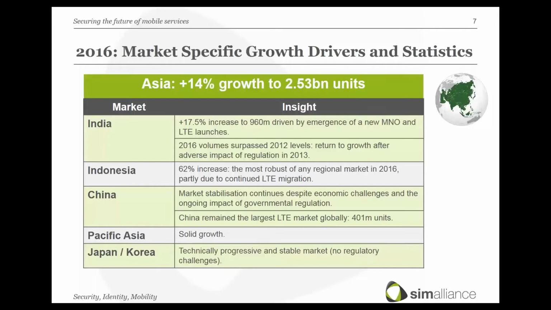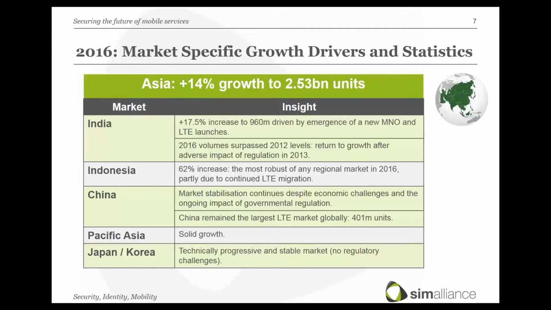And if you compare it to India, I think there is good reason to hope that despite the regulation, we will see this market coming back to the same dynamics as have been there before the regulation times. So I think there's good reason to be positive on this one.